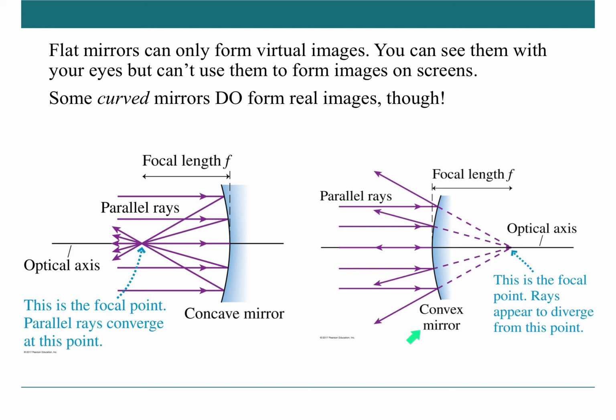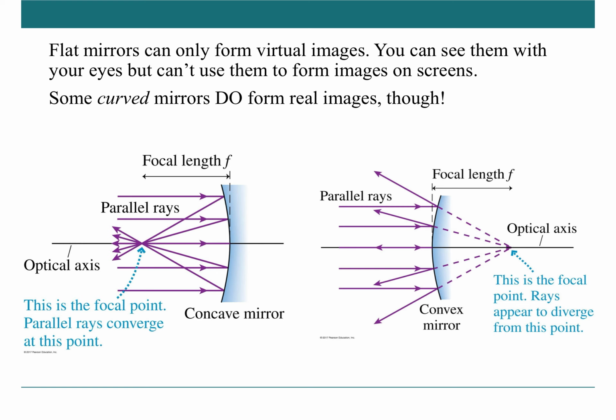A convex mirror, on the other hand, is one that's curved away from an object that we're going to try to image. Concave mirrors have focal points where light rays that intersect and then bounce off of that mirror's surface all appear to converge, while a convex mirror has a focal point where rays appear to diverge.